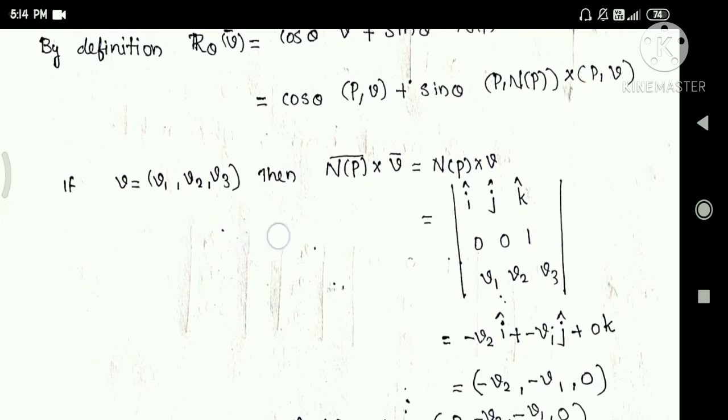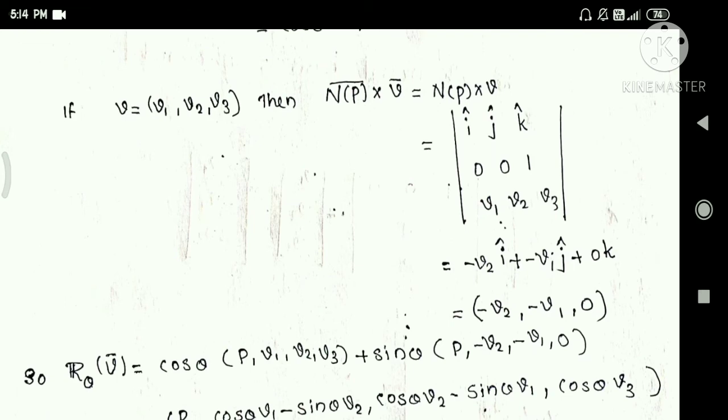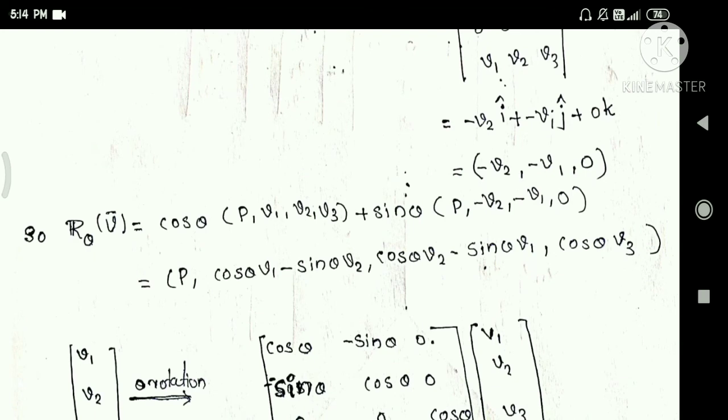If v equal to v1, v2, v3, then n of p cross v is equal to the determinant of the matrix i, j, k, 0, 0, 1, v1, v2, v3, and it is equal to minus v2, v1, 0.